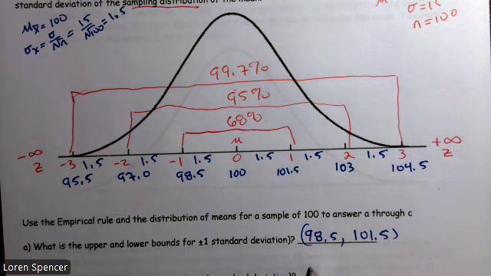Well, our 95% is 97.0 to 103. What are the upper and lower bounds for plus or minus 3? Well, that's going to be 95.5 all the way to 104.5.